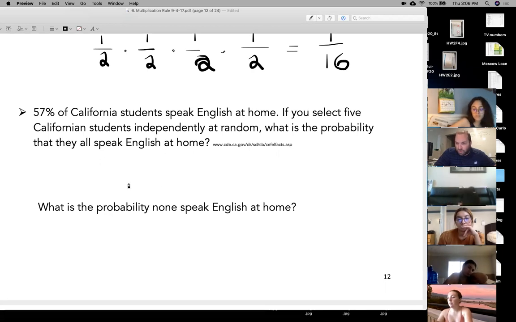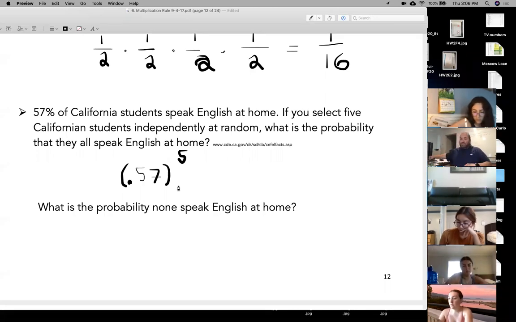So what is the probability that they all speak English at home? Well, let's do the first one. What's the probability the first one speaks English at home? 57 over 100. Or let's do the decimal, 0.57. Agreed? Okay. How about the second one? Same. Third one? Same. Fourth one? Same. Fifth one? Same. So overall, it's going to be 0.57 to the power of 5.